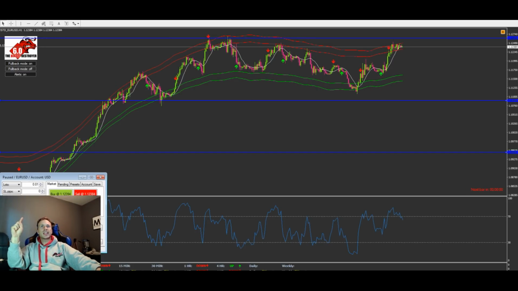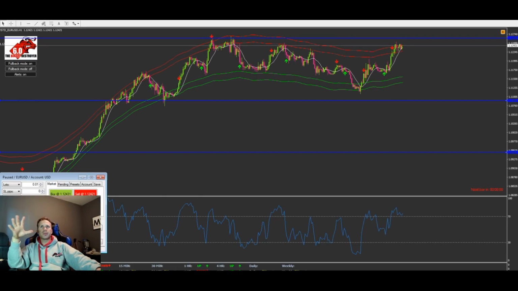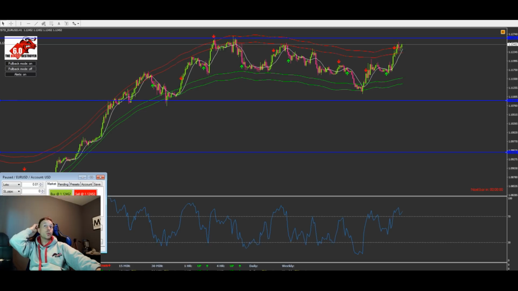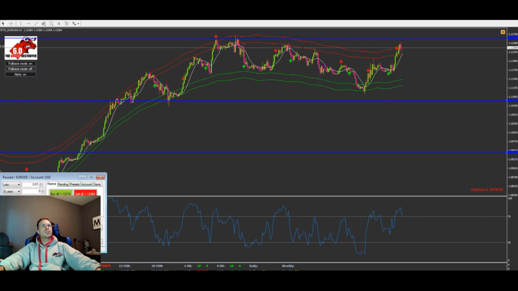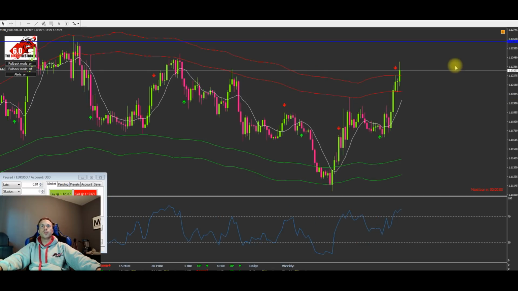Now, this is a setup that I would avoid, okay? I'm glad we got the setup here because I can actually explain to you a trade that I would avoid, okay? The reason why I'd avoid this is, imagine buy and short sends me a signal to my phone, okay? The fact is that we made a higher high on the RSI, okay? So for me, I've drawn that completely wrong. What am I doing?